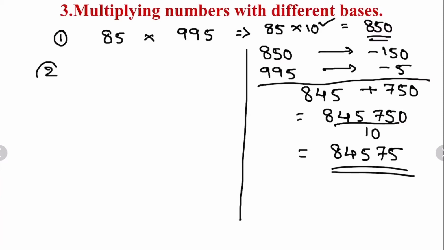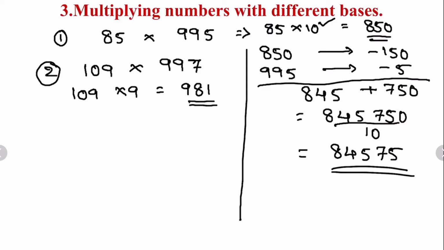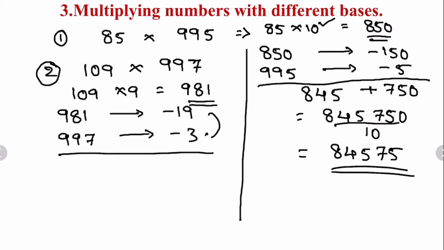If you go with another example, 109 is multiplied with 997. 109 is multiplied with 9, so that 981 it will become. 981, how much less than 1000? Minus 19. 997, how much less than 1000? Minus 3. Minus into minus plus, 19 into 3, 57, keep 057. 981 minus 3, 978.